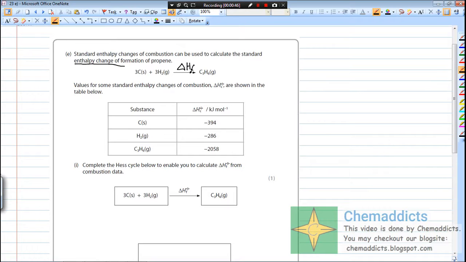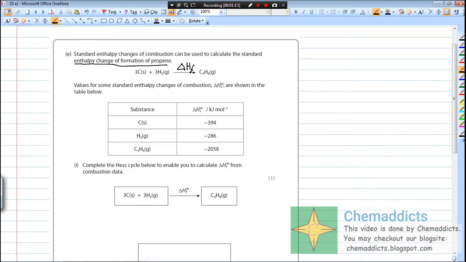Values for some standard enthalpy changes of combustion are shown in the table below. As we can see, the standard enthalpy change of combustion is given for each substance.